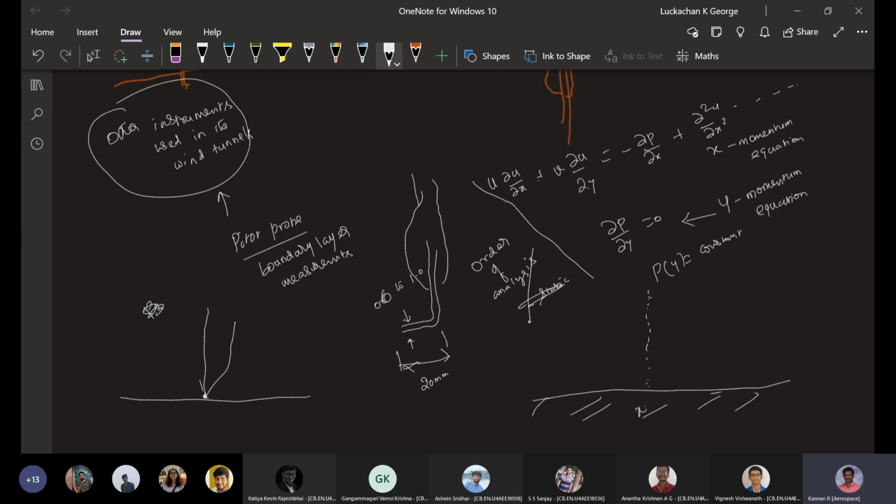With the help of your total probe, I measure my total pressure at each and every point, and at every point I get my u. So I draw the velocity profile within the boundary layer like that. Normally we use that probe, for example, to measure the boundary layer thickness on your tunnel walls.